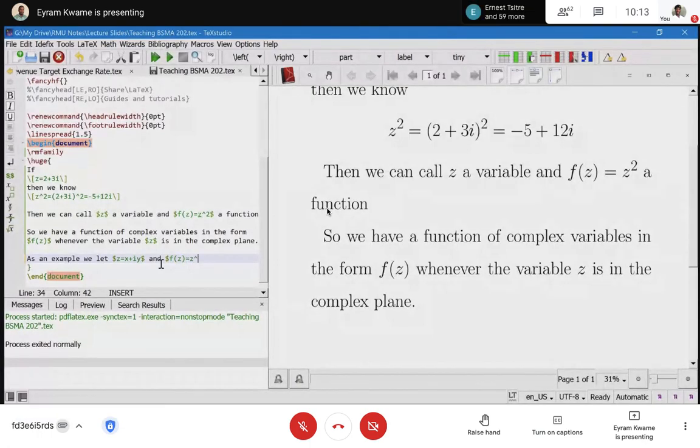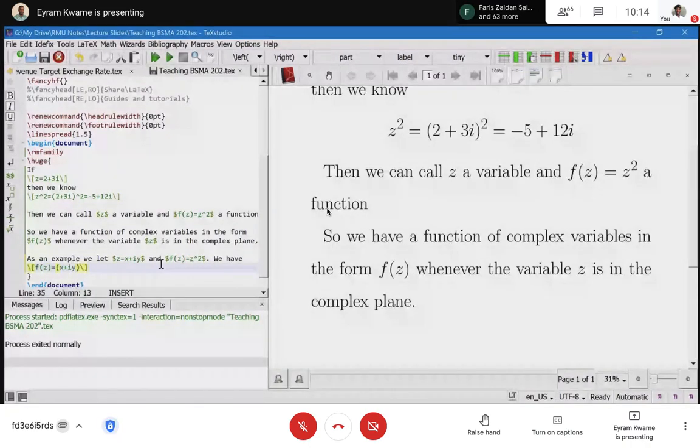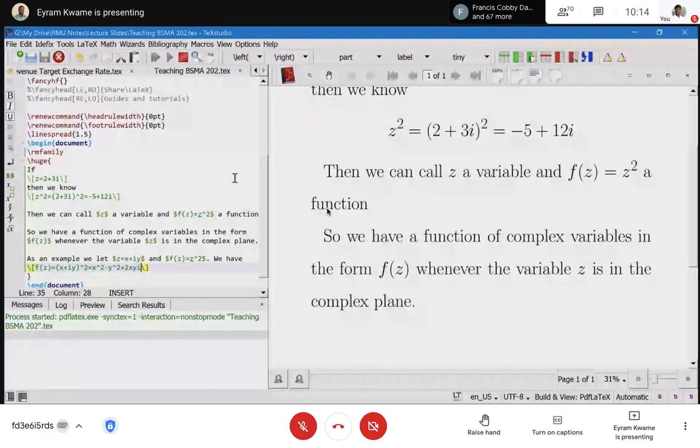If we do this, what will f of z be? f of z will become x plus iy all squared. This is the same as x squared minus y squared plus 2xyi. Check and confirm this to me.